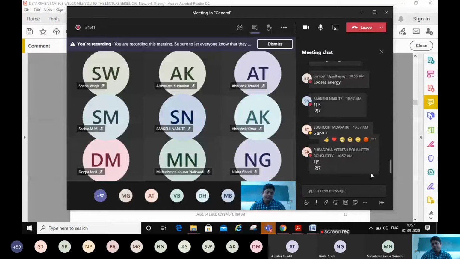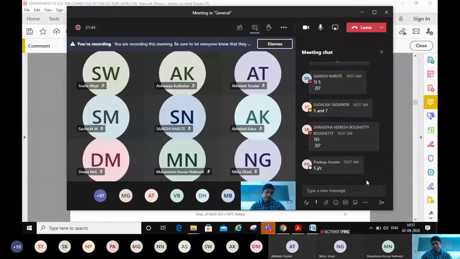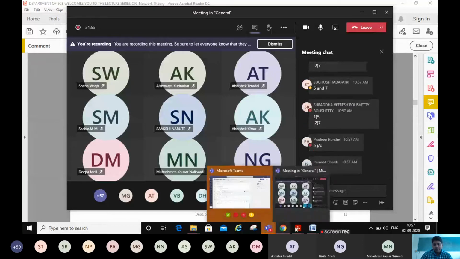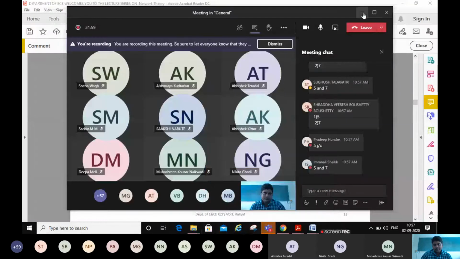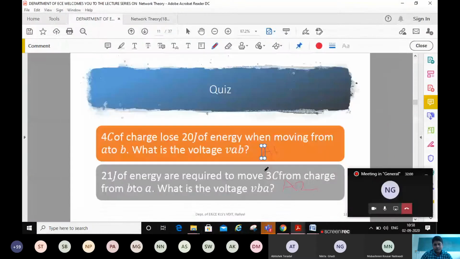Pradeep Hundre. Okay, not again 5 joules per coulomb. Check the question properly and answer here. Look into the points.